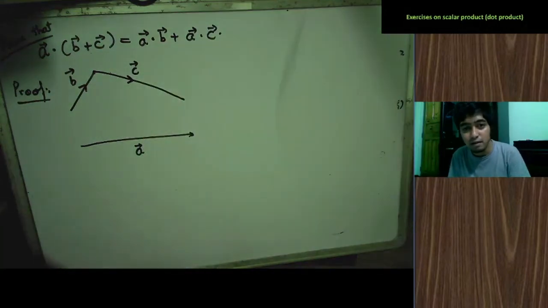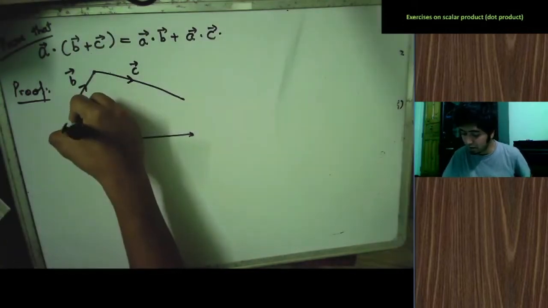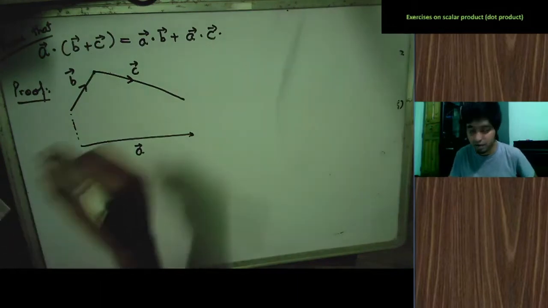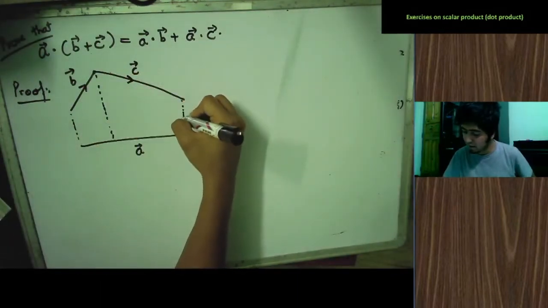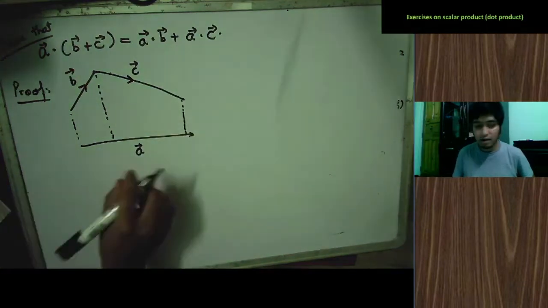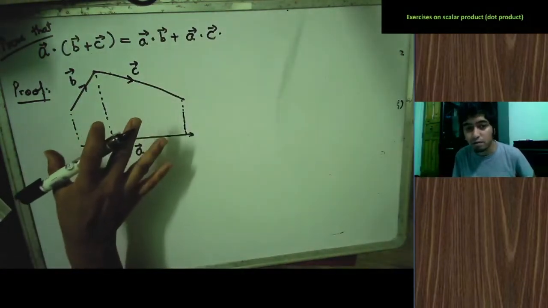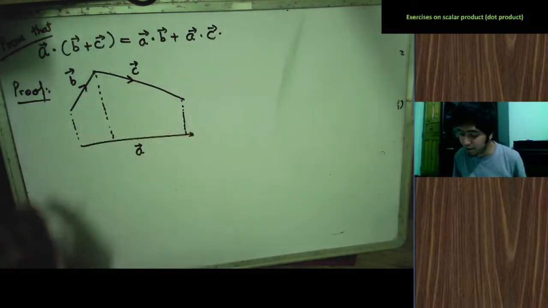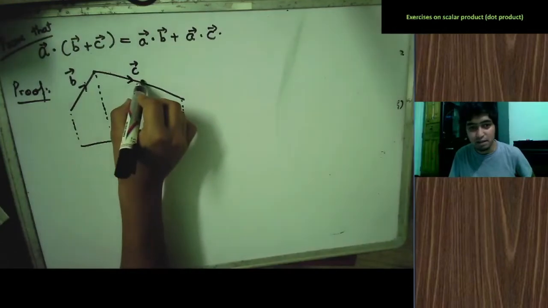You can draw another way, but for now, let us draw it like this. The length of A doesn't matter. It can be long or it can be short, but we will use projections anyway. So this vector is B, this one is C.